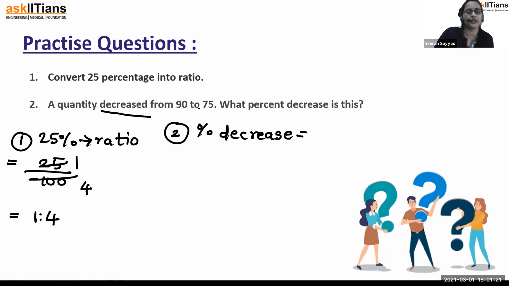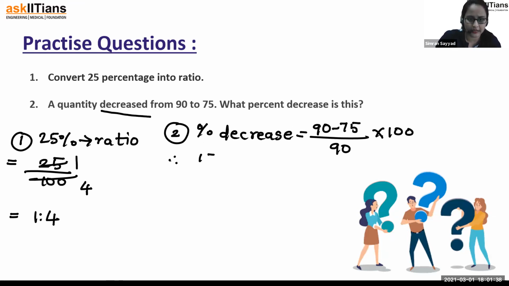Now you can't do 75 minus 90, so what you have to do is 90 minus 75. And what's the original one? 90. Yes, the base should be 90, into 100. Therefore 90 minus 75 is nothing but 15, so 15 by 90 into 100.